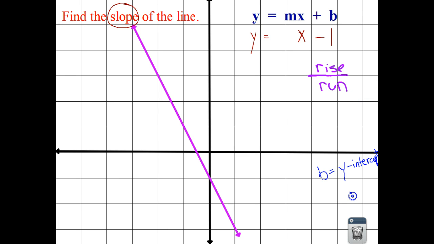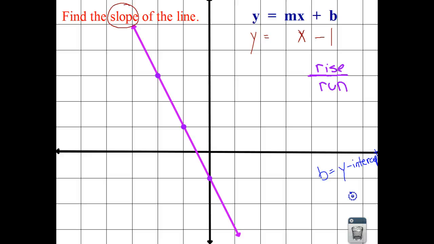Okay, so if I put a point here and a point here, another one, there might be one up here somewhere, and if I am finding the slope of the line, I could run the points, the ordered pairs, in my slope formula, which we learned on the last video. But quickly, let's just do a little triangle.